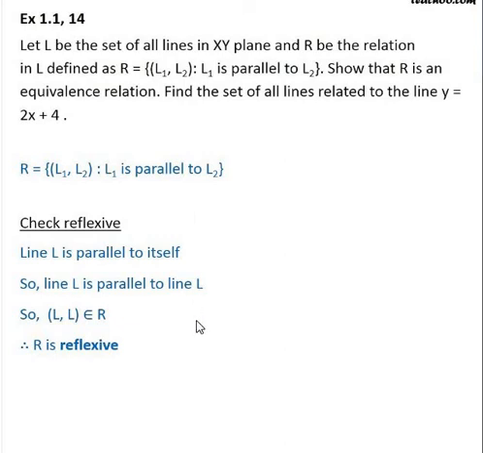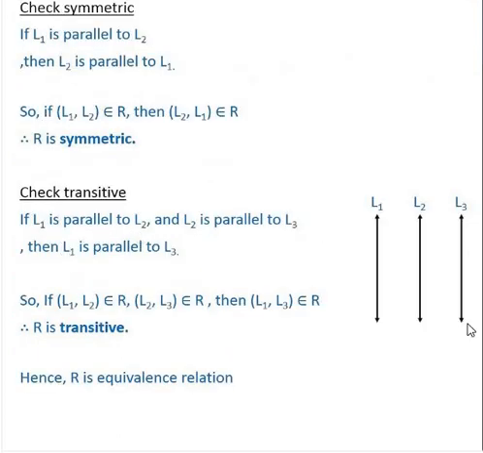Now consider transitivity. If one line is parallel to another line and that second line is also parallel to a third line, we can always say that the first line is parallel to the third line. If L1 is parallel to L2 and L2 is parallel to L3, then L1 is parallel to L3. Hence (L1, L3) belongs to R. So R is transitive. Okay, so R is an equivalence relation.